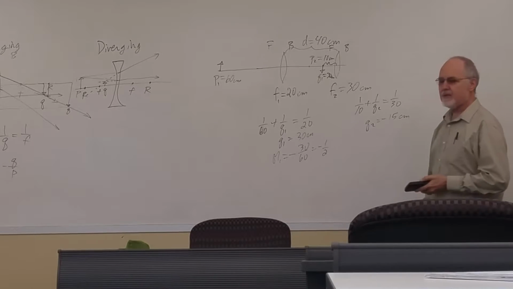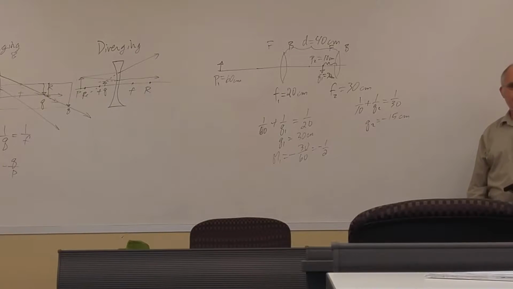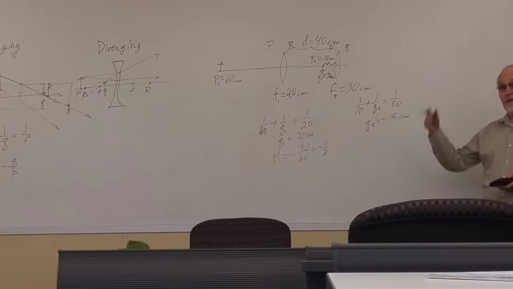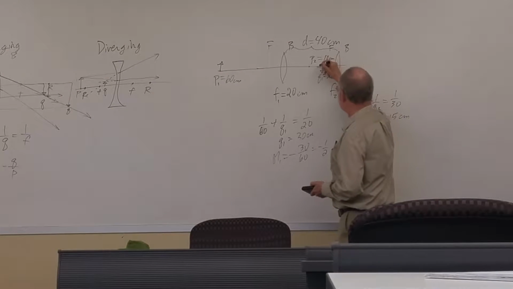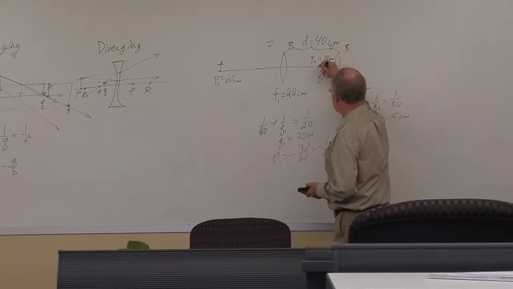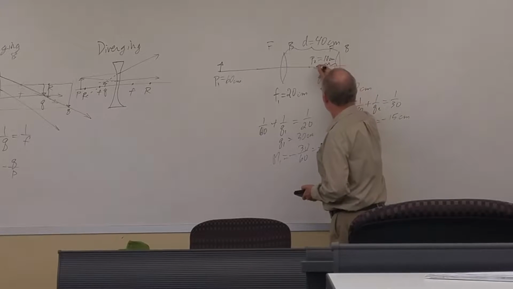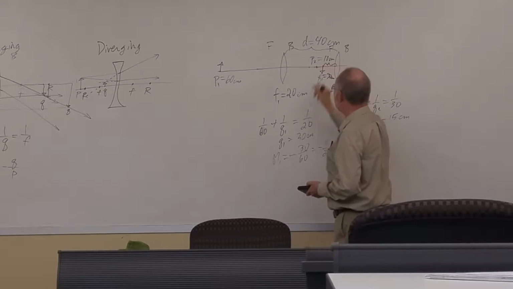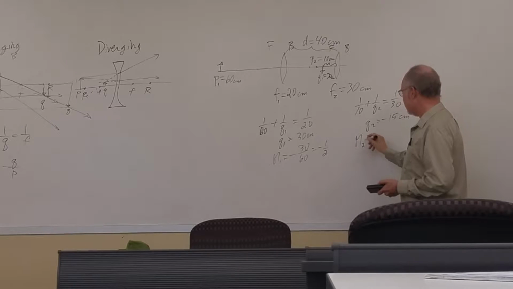Well, for the second lens, where is a negative image distance? It's on the front side, and 15 centimeters, so that means that second image is located about at this location, 15 on the front side. What's its magnification?